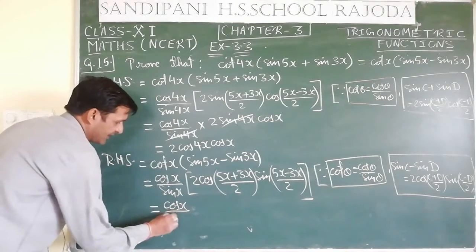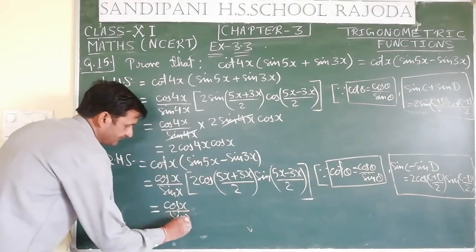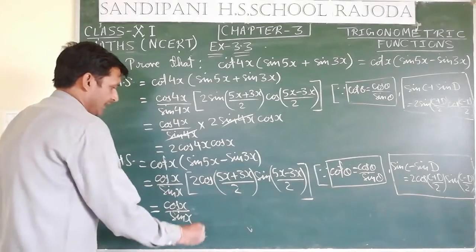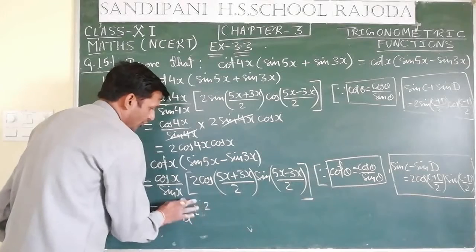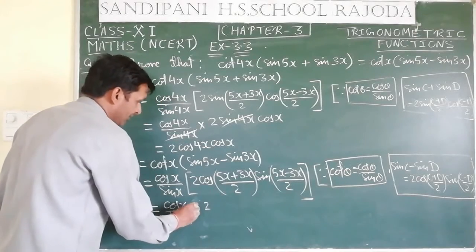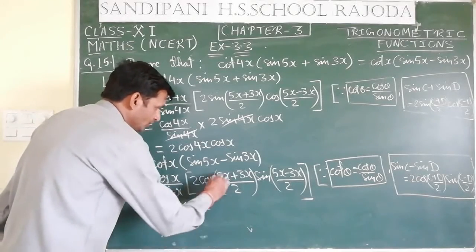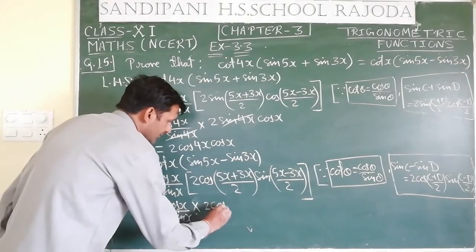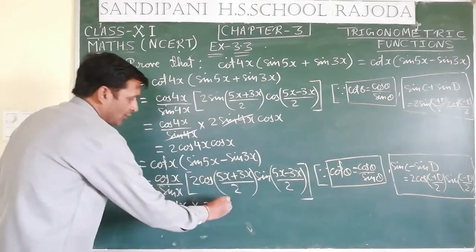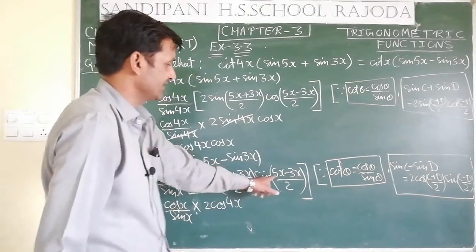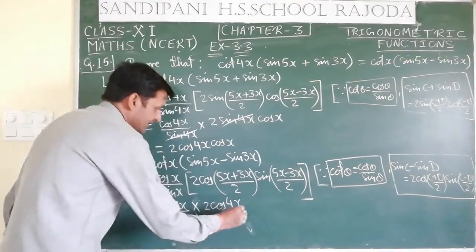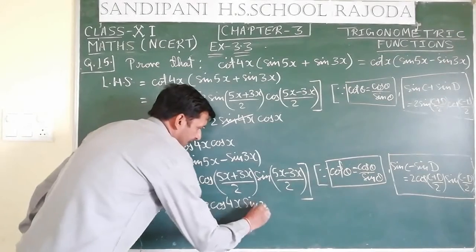Now this will become cos x upon sin x, and in bracket you may write it in multiplication, 2 cos 8x upon 2, that is 4x, and sin 5x minus 3x is sin 2x upon 2, that is sin x.